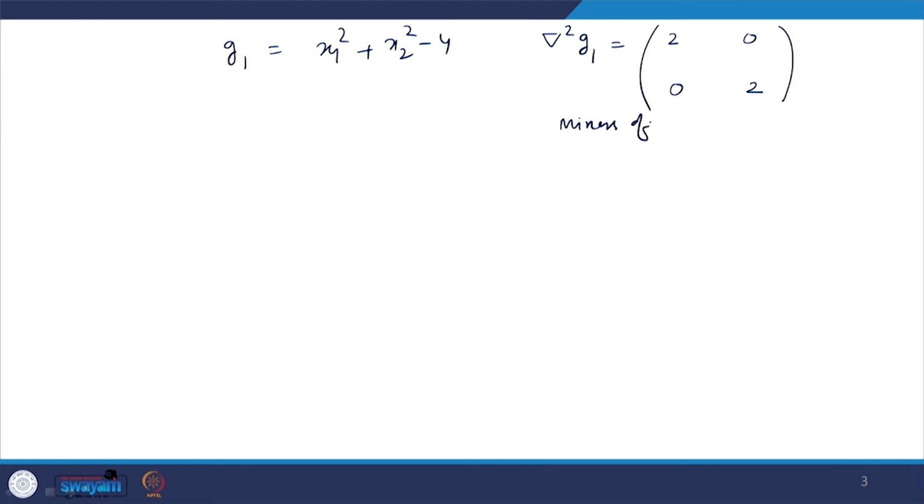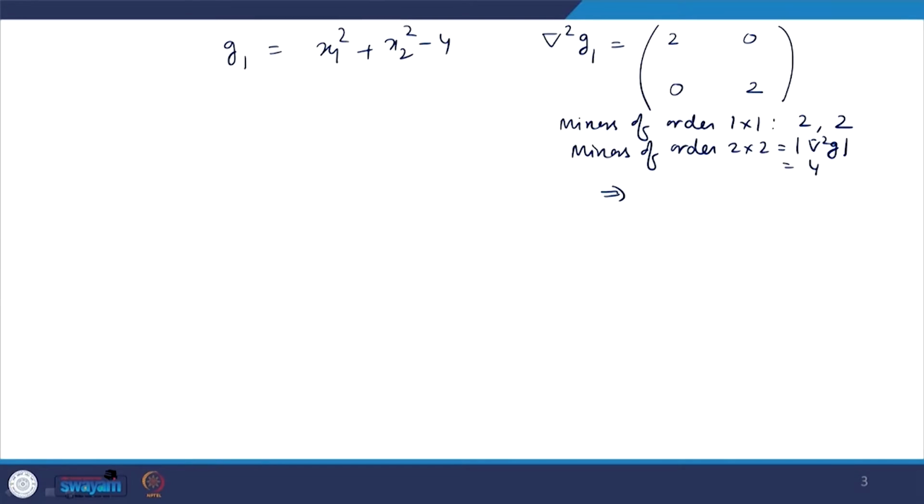The minors of order 1 cross 1 are 2 and 2, and the minor of order 2 cross 2 is the determinant of this matrix, which is 4. So, all the minors are strictly greater than 0, that means this matrix is positive definite and hence convex.